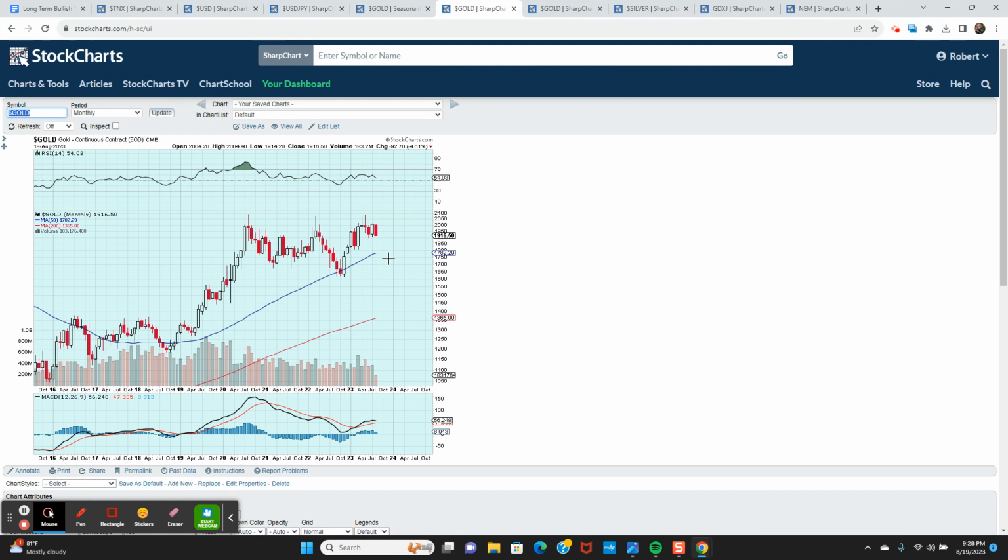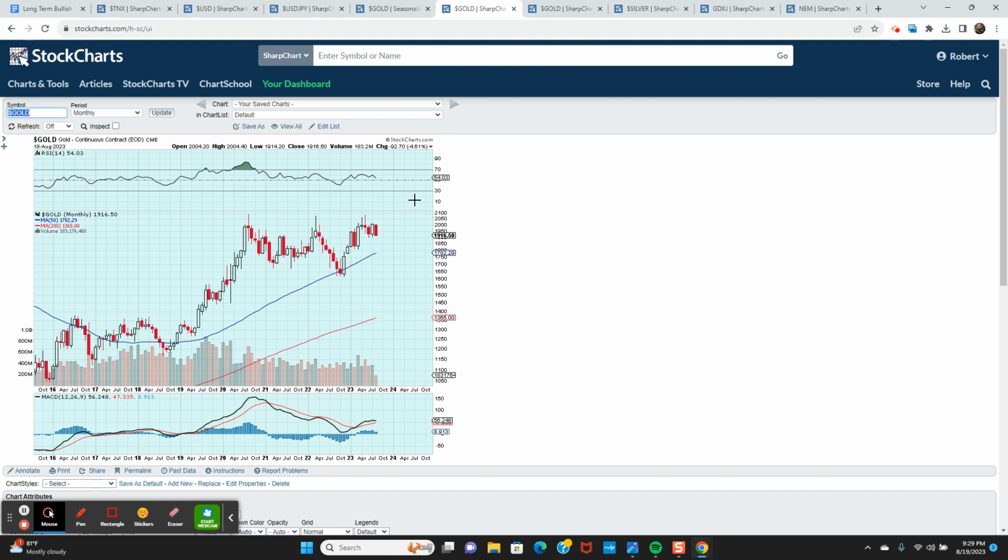And for gold, clearly the big long-term support level is around 1800, right? So it would be completely normal for gold to come down here in the next few months and retest that big layer of support around 1800, find that support, and then the long-term bull market trend reasserts itself.